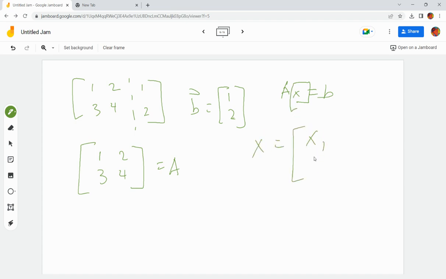So then x equals, so this is x. And if we notice, it's a 2 by 2 and a 2 by 1. Now that gives us a special power.